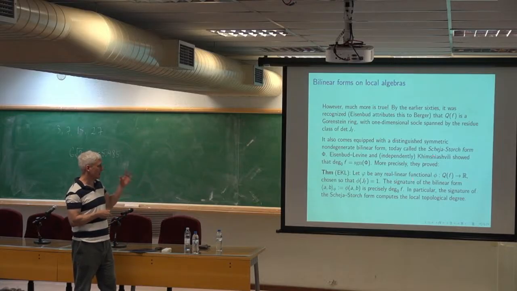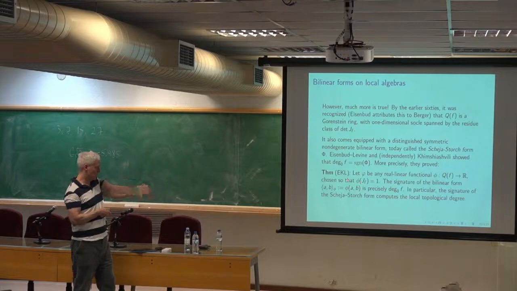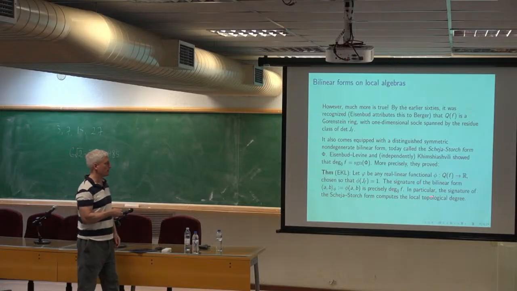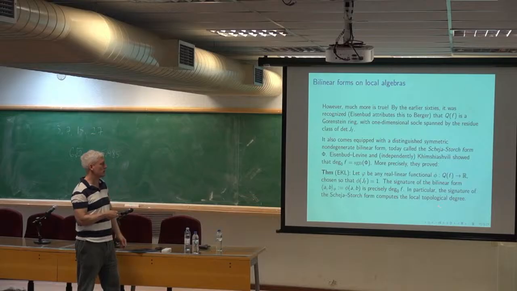If you have any real linear functional on the local algebra whose value on the socle is 1, then the signature of the bilinear form that we define in this way, from the functional, is exactly the topological degree of the mapping germ. Which in particular implies that Scheja-Storch computes the local topological degree.